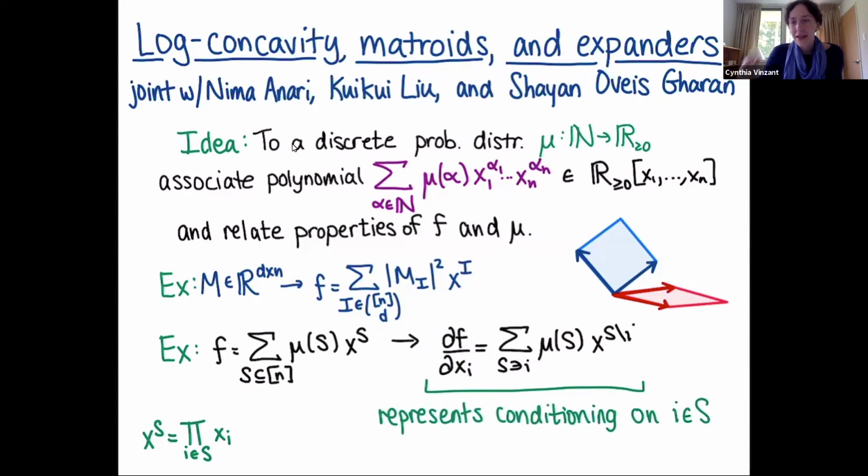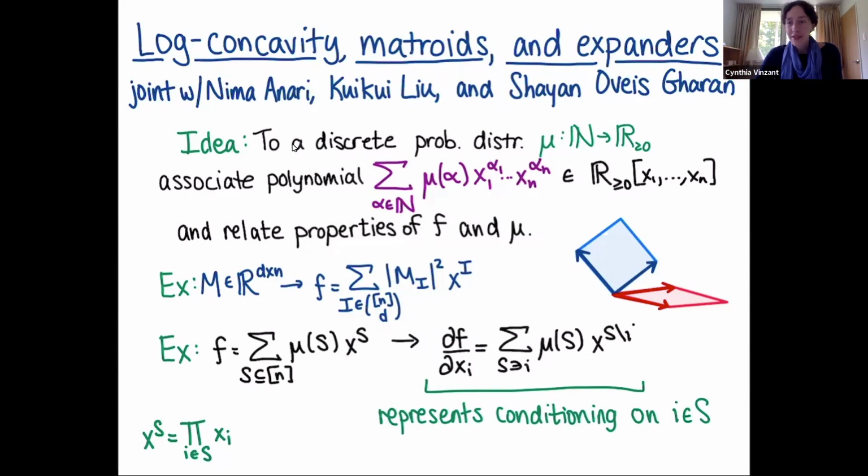Namely, again imagine rescaling so that the sum of the coefficients is 1. Then I'm keeping everything proportional, but I'm throwing away all of the subsets that don't contain my favorite element i.